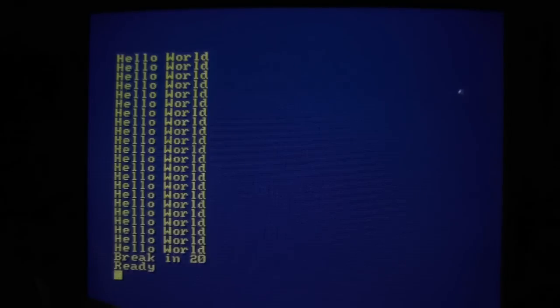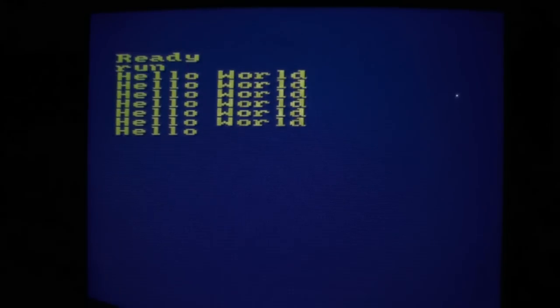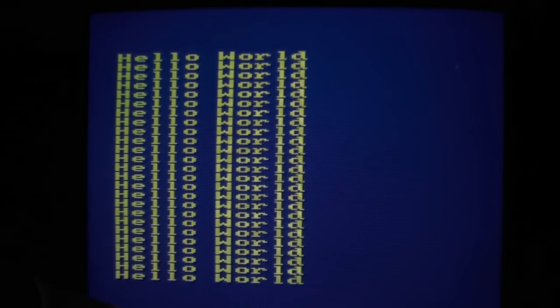That's mode 1. That's the 16 color mode.